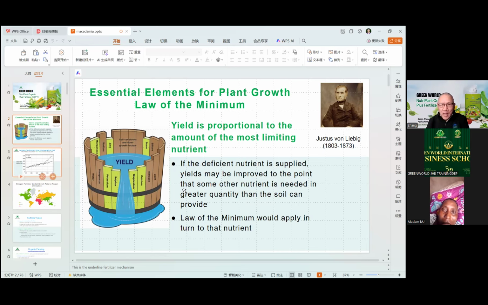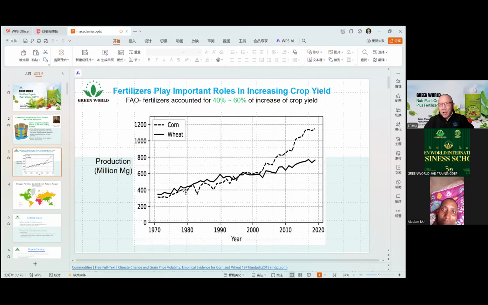And depending on how much fertilizer you use, you can increase your yield by 40 to 60%, or sometimes even more. The fertilizer industry has existed for maybe the last 70, 80 years.